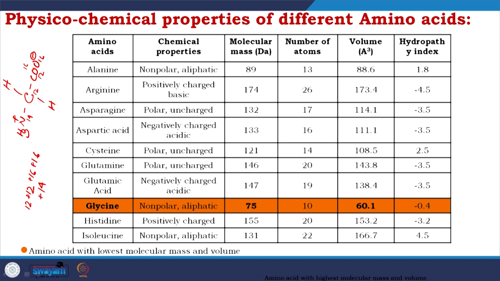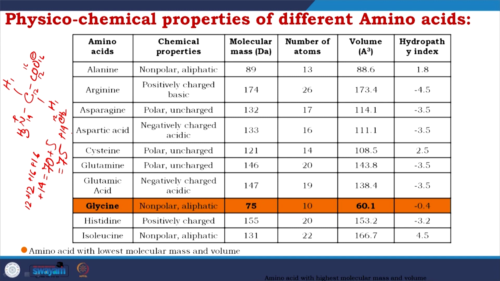So, 24 and 32 is 56 and 14 is 70, plus 1 and 3, 5, which is 75. You see, this is 75. When you talk about alanine, a CH2 is added, so C12 and 2 is 14. So, it is 89. In this way you could calculate by your own.